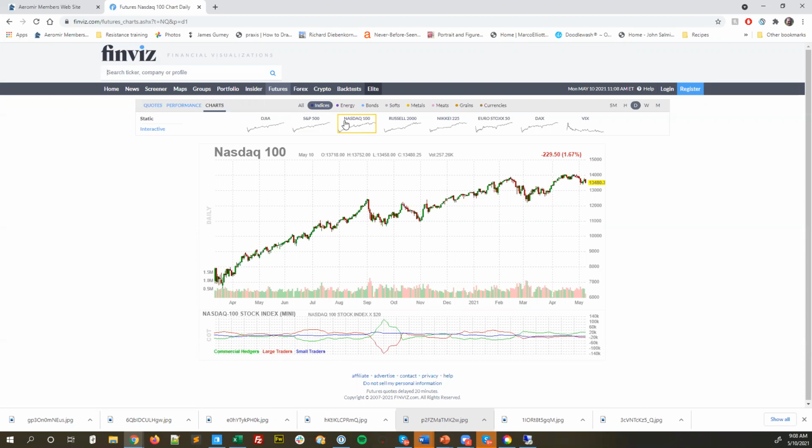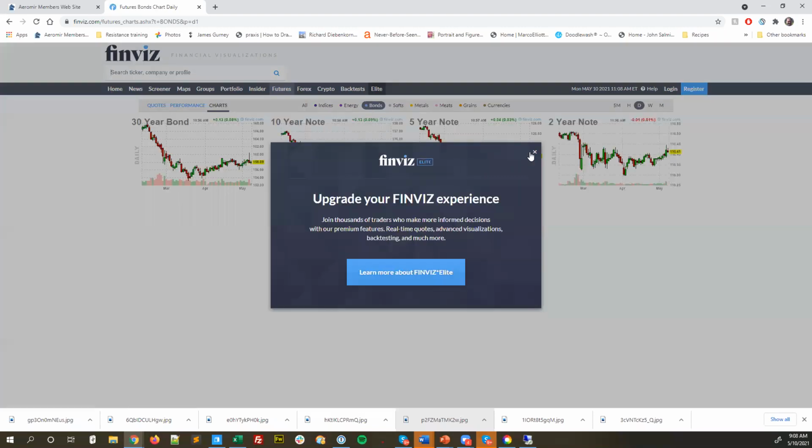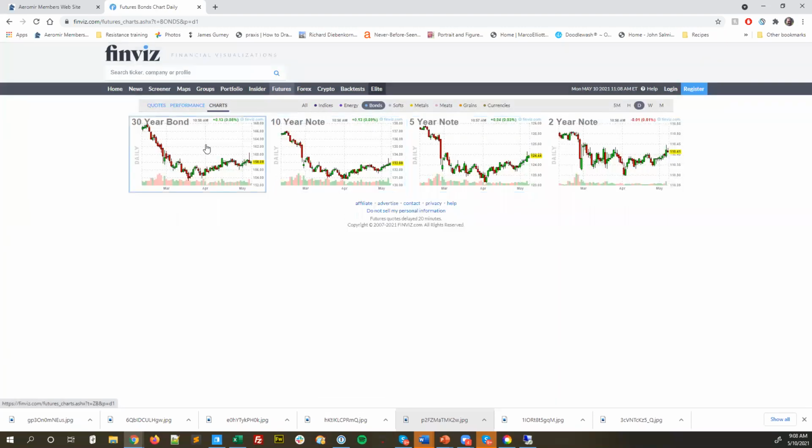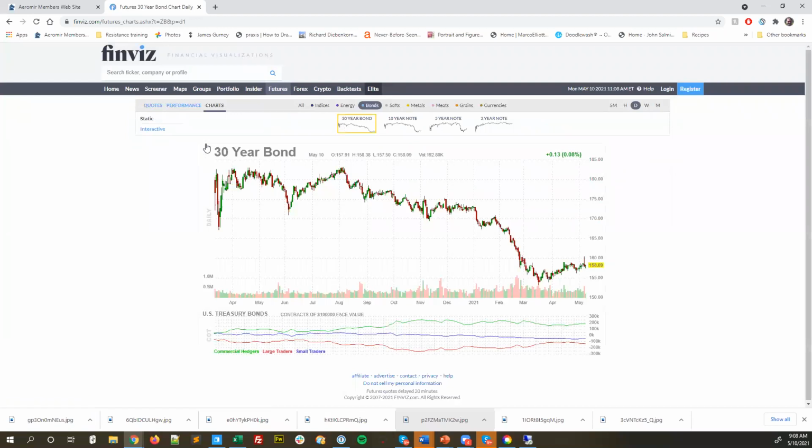Yeah, tech stocks like low interest rates, and we've seen interest rates rising for a while. Here's the 30-year bond chart. Interesting. You notice the NASDAQ started lagging right when the bonds sold off.